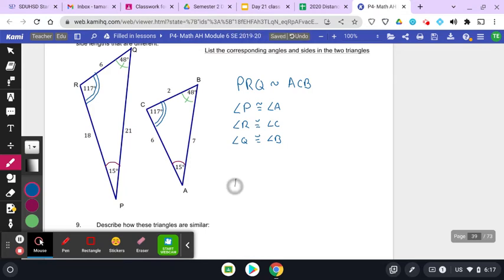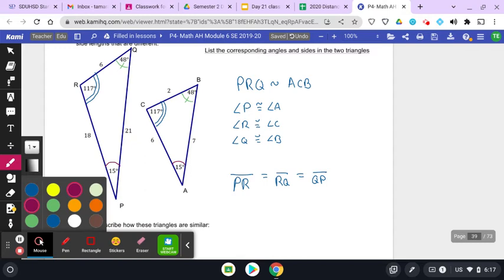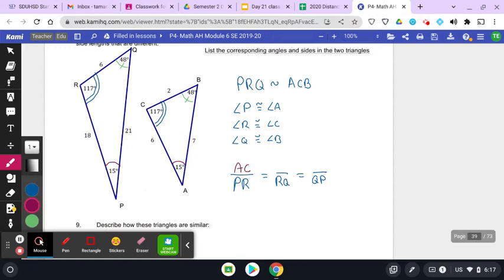So if I put on the bottom of my fraction length PR, length RQ, length QP, I know that from the other triangle, PR corresponds with AC, and RQ corresponds with CB, and QP is corresponding with BA.